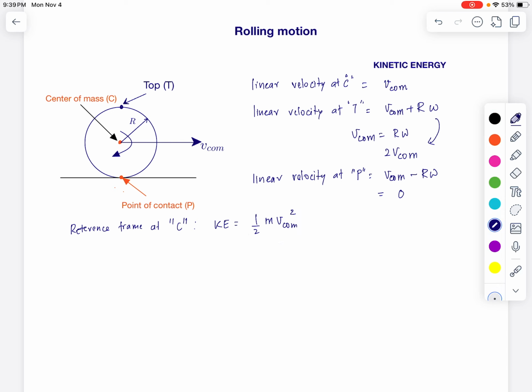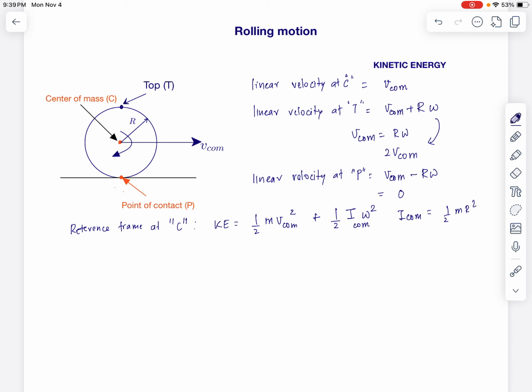To that we add the kinetic energy of rotation, half I omega square. And here I is the moment of inertia at the center of mass. We know that for a cylinder, I center of mass equals half m r squared.